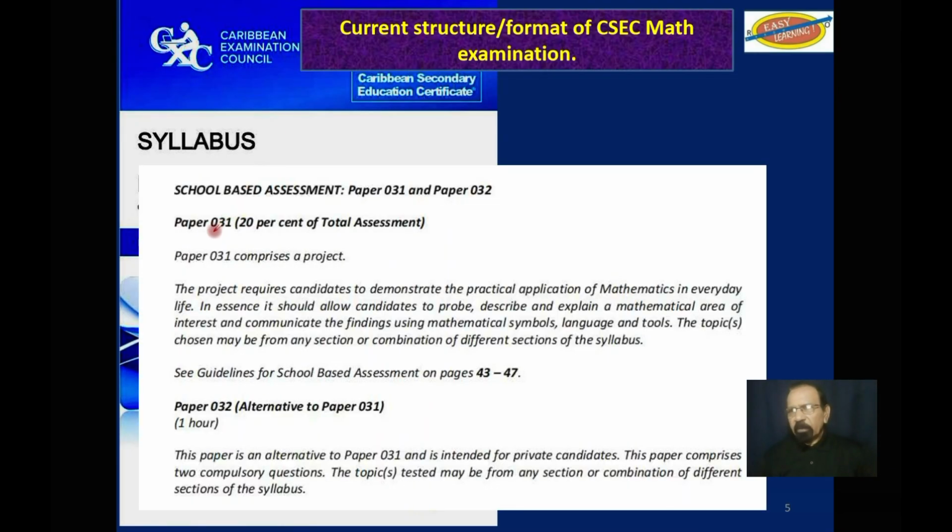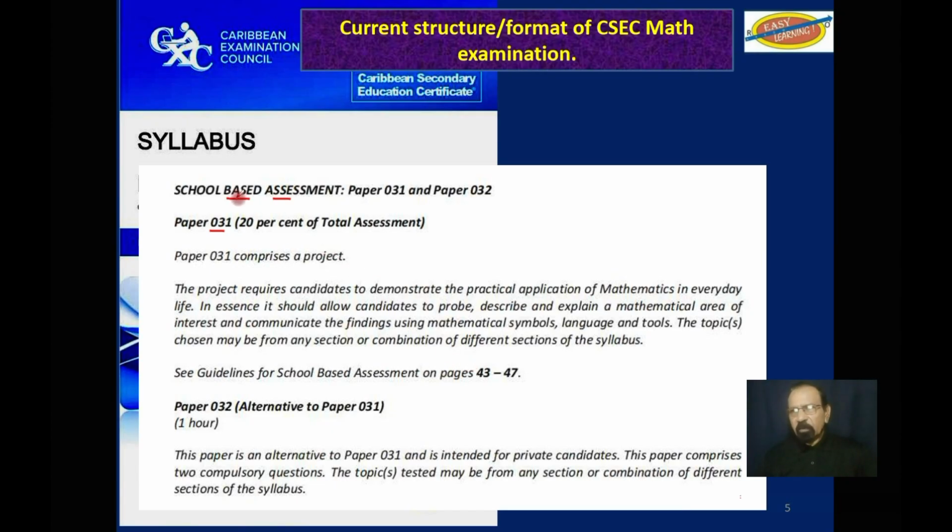And then there is a paper 031 if you are a student writing this exam through school. That is called school-based assessment. So your teacher will give you certain instructions and you will conduct an investigation, collect data, and then do certain statistical analyses on the data to draw some conclusions.